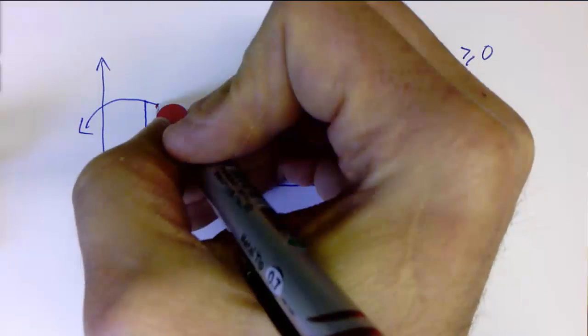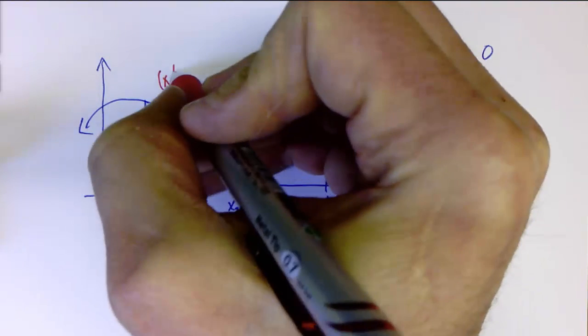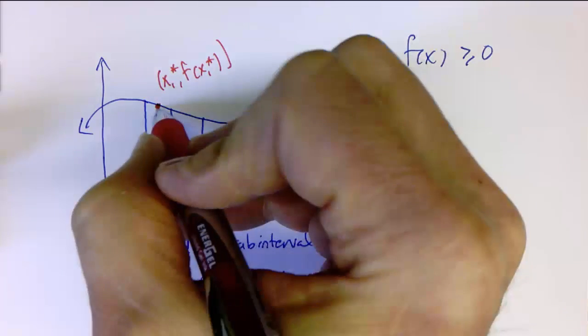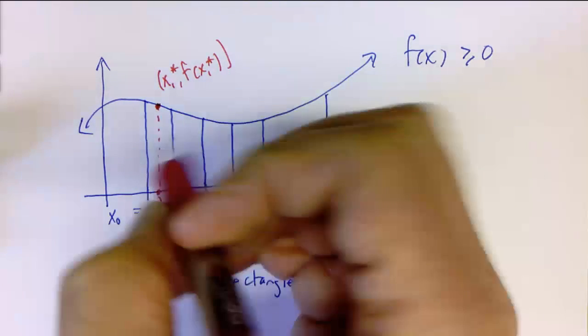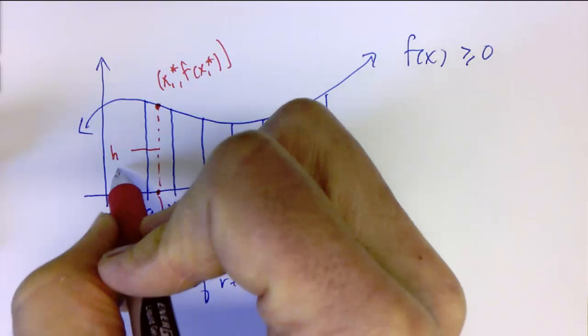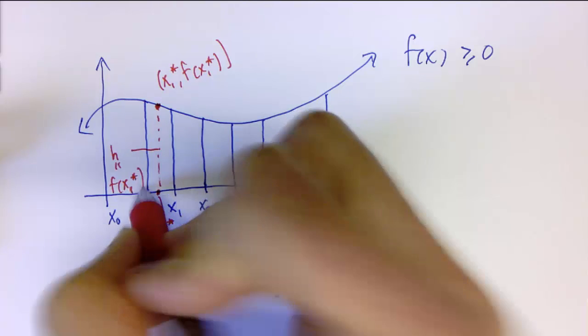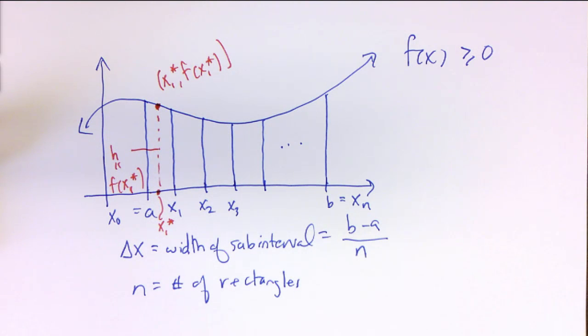All right. So this point on the curve right here has coordinates, but the particular thing I need there is the height. Right? The height is the function value. Okay.